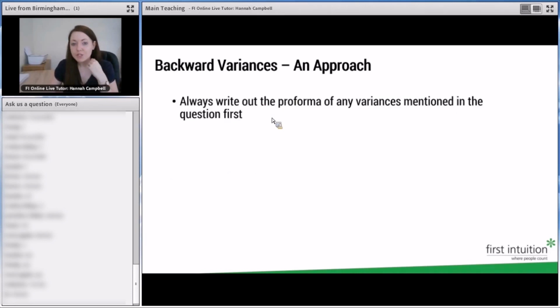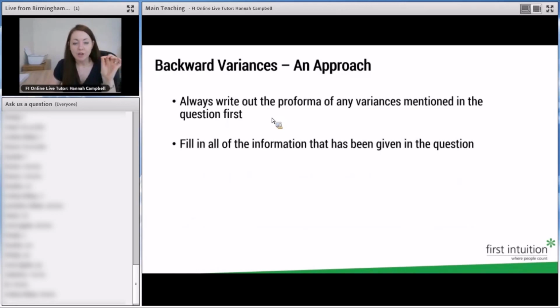So the approach to a question like this, where you're being asked something slightly different, is for any variances that are mentioned in the question and in the scenario, write out the pro forma, in terms of, you know, it's actual multiplied by standard, and so on. Write out the pro forma on your scratch pad or on your workings paper.